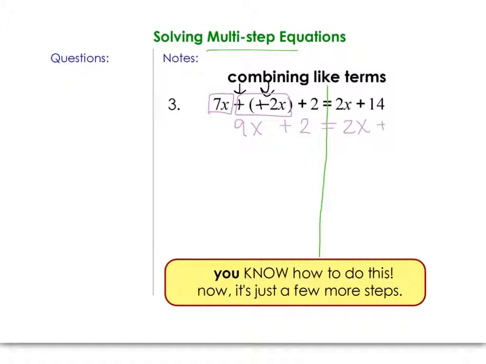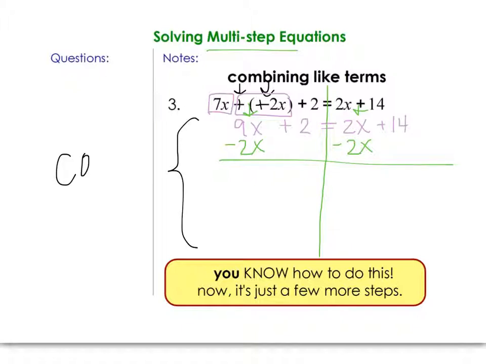2x plus 14. Now, doesn't this look like what we did on the last page? I want to get the smaller variable, that 2x, to be with that 9x. So I subtract 2x from both sides. Look at how I'm lining up my problems.